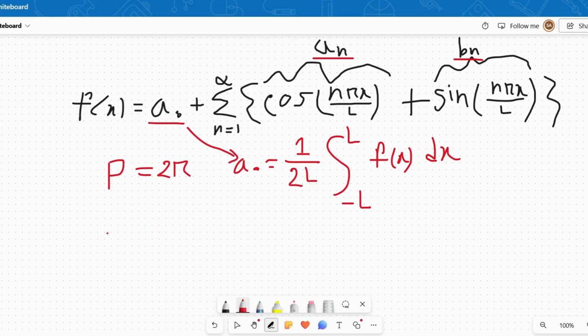Now let's learn about AN. AN is 1 by L integration of f(x) cos n pi x by L dx. You have to memorize this formula for solving math.